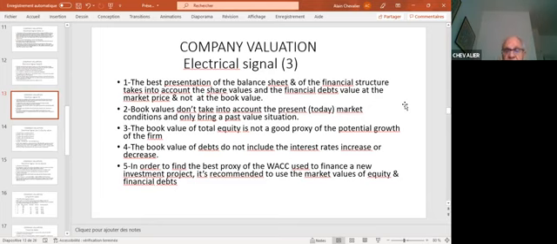The book value doesn't integrate, as we have said several times, the discounted future cash flows to the present time. Point four, the book value of debts does not include the interest rate increase or decrease. Point five, in order to find the best proxy of a WACC used to finance a new investment project, it is recommended to use market values of equity and financial debts.